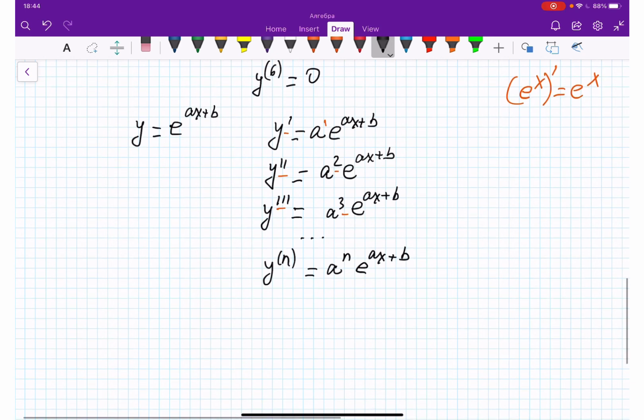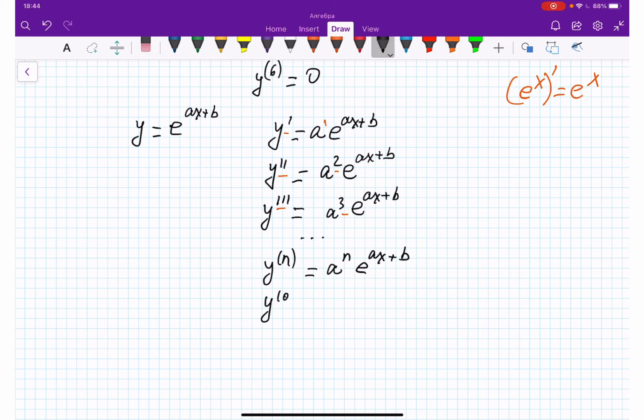So note that the resulting formula for the nth order derivative is also valid when n is equal to 0. Well, let's see. When n is equal to 0, I can write down like this.